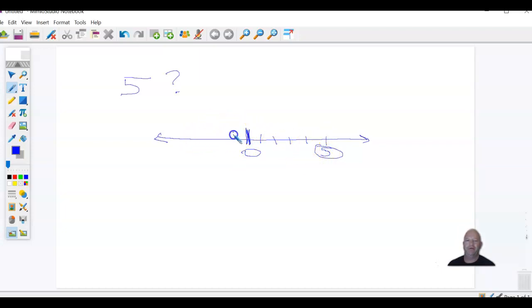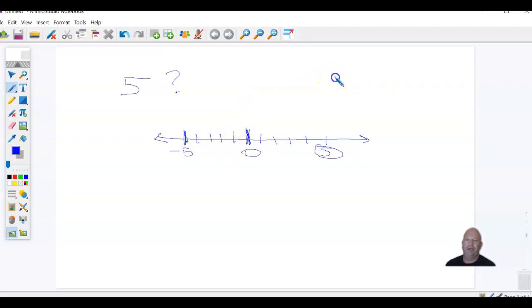So this is 5, this line right here is 5 units from 0 on the other side. And what we say is this is the opposite symbol, opposite of 5, which is negative 5. They're the same thing in relationship to distance from 0.